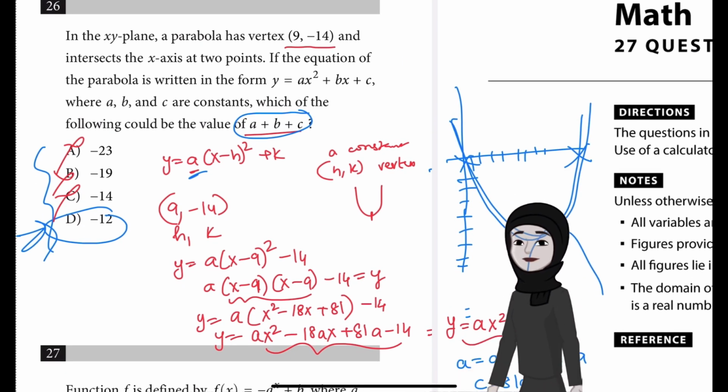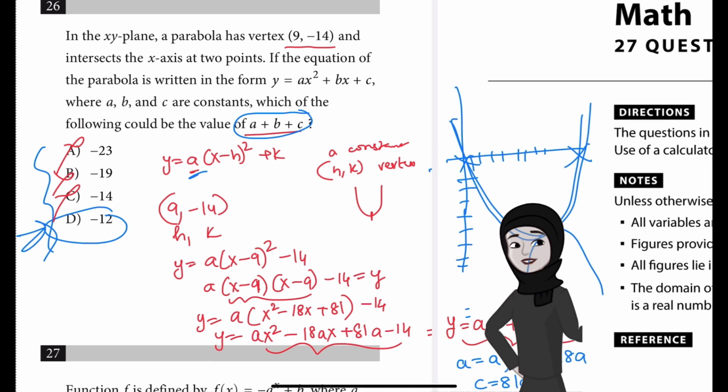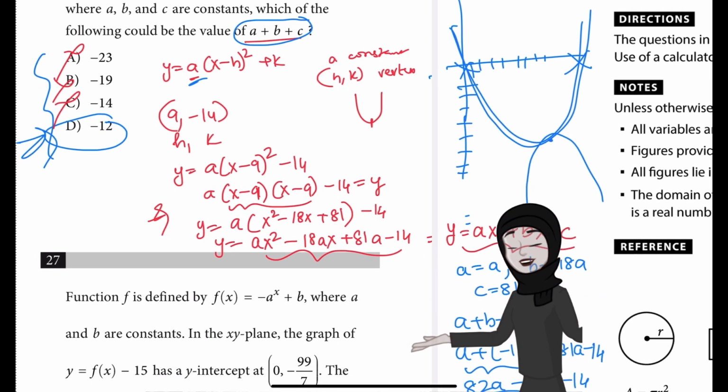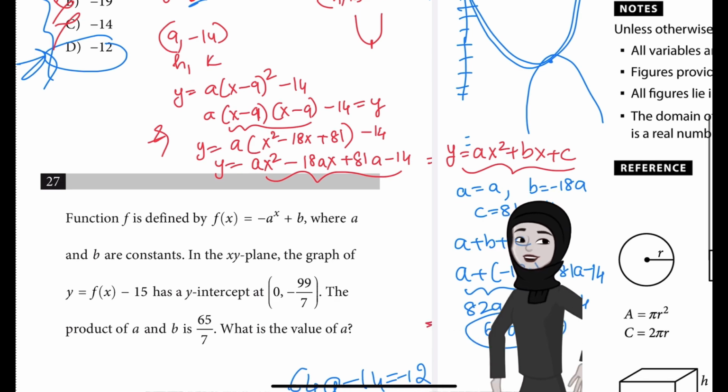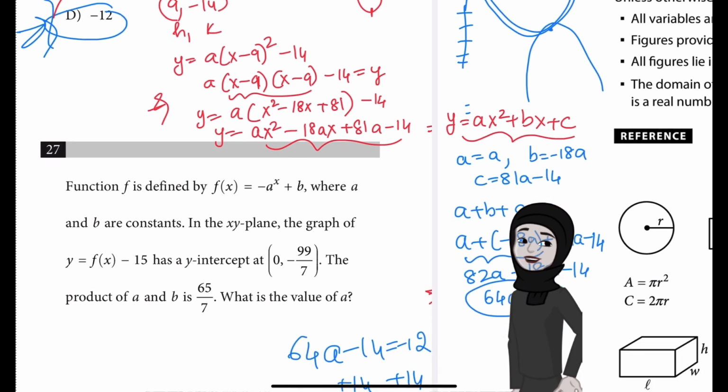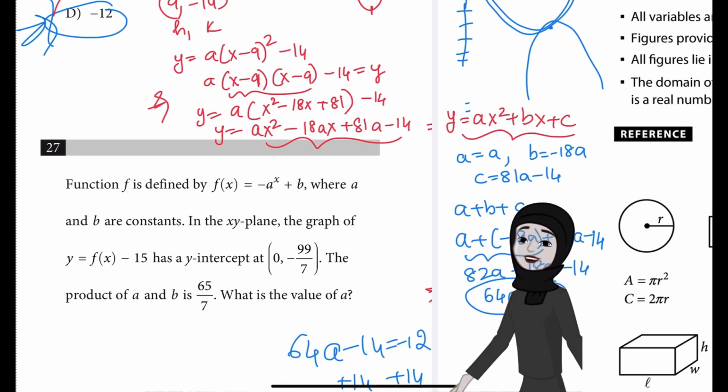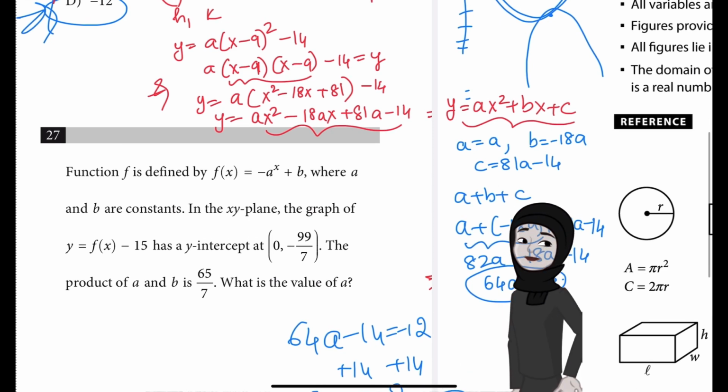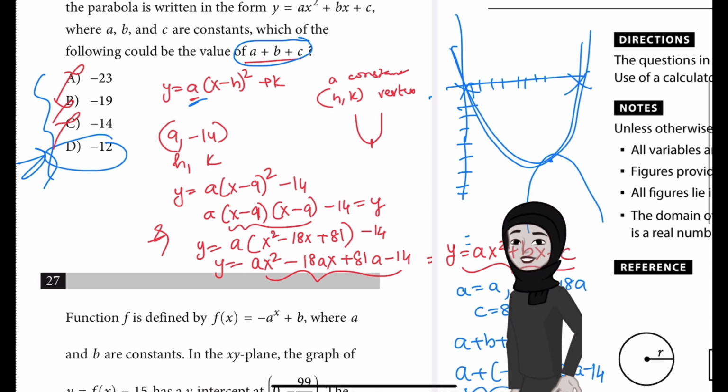You have to observe that the parabola has a vertex given. Then you have to know the formula for the vertex form of a parabola. Then you should find out a + b + c in terms of a, because we do not know a. That is 64a − 14. After that you have to plug in the 4 values and see which gives the positive value of a.